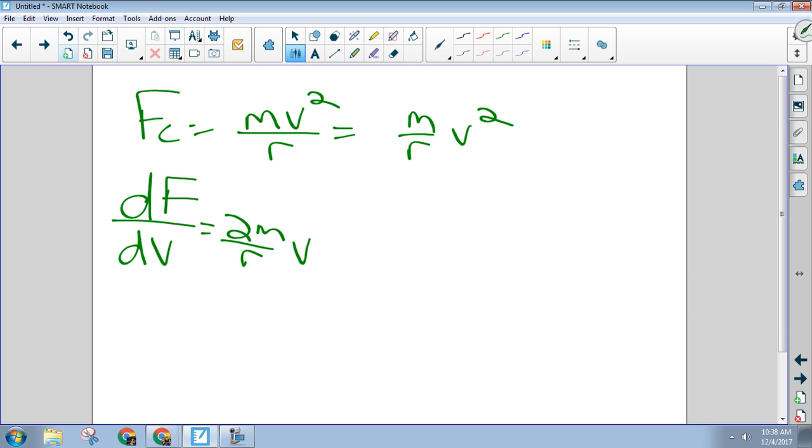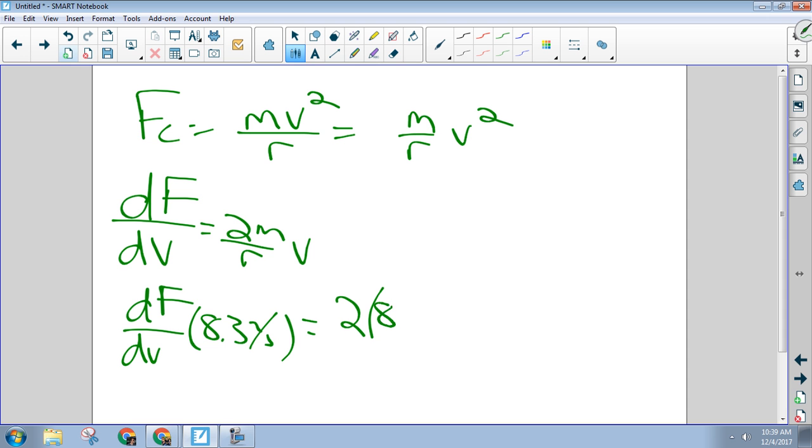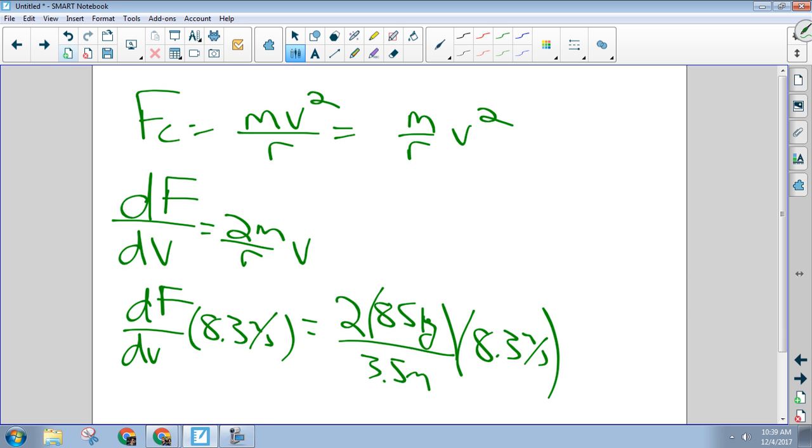Then just plug in your numbers. The derivative of force with respect to velocity when velocity is 8.3: 2 times our mass, 85 kilograms, over our radius of 3.5 meters, times our velocity of 8.3 meters a second. Whatever that gives you is the answer.